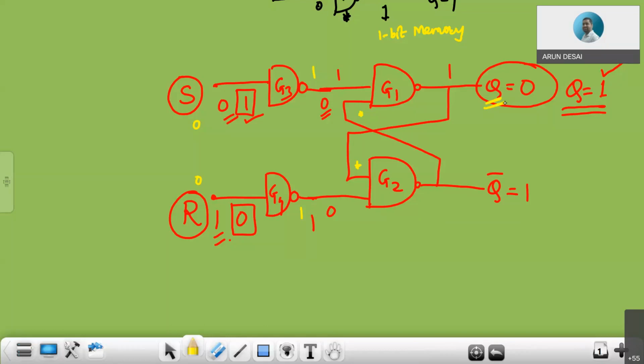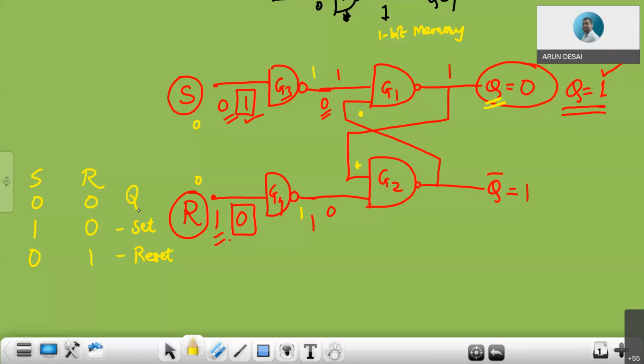So if we check so many conditions here, in case of 1 0, it sets the flip-flop. In 0 1, it resets the flip-flop. In the 0 0 condition, whatever is there in Q is there as it is, right?